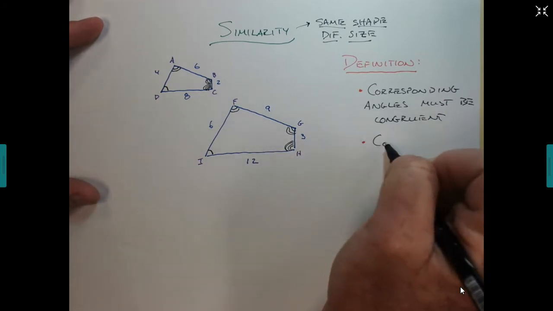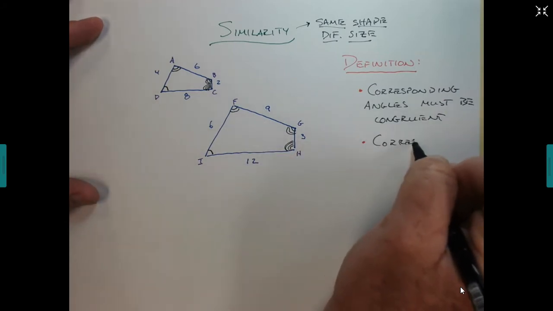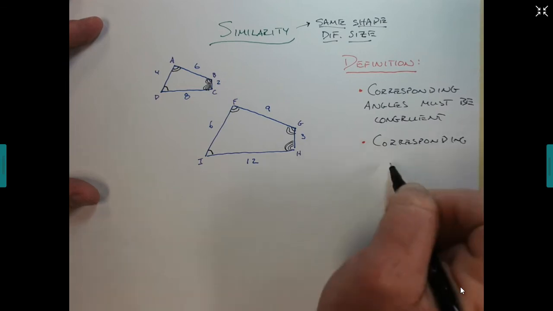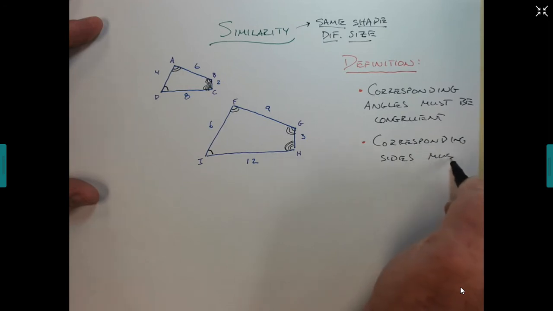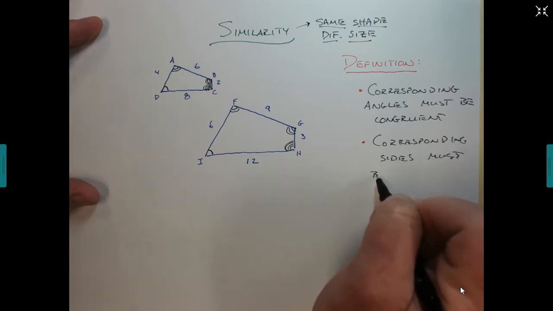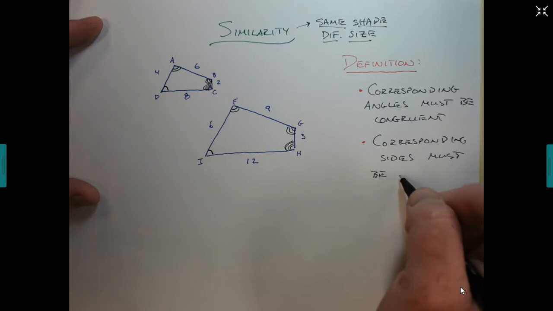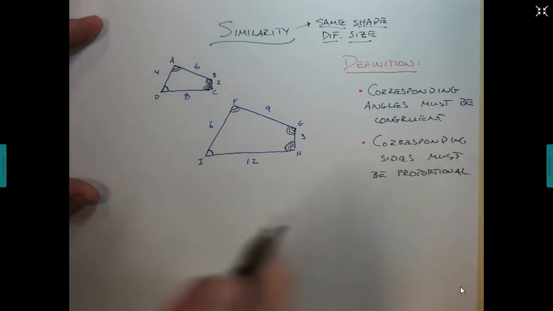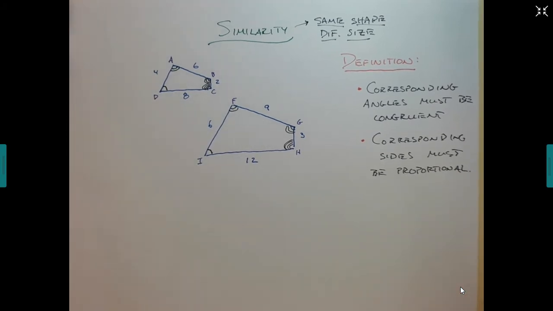All right, but there is a relationship. The corresponding sides must be what's called proportional. That's what we studied last time. You have some exposure to this in your previous math courses as well.